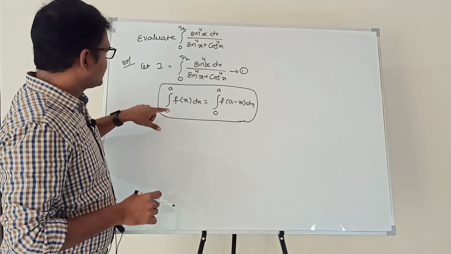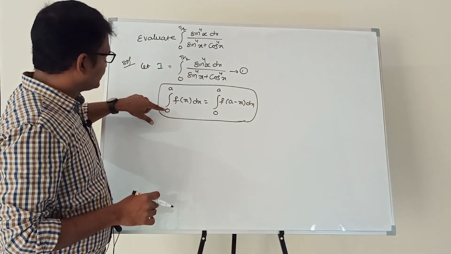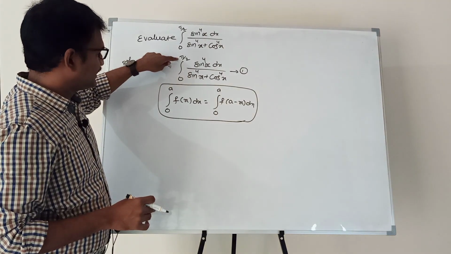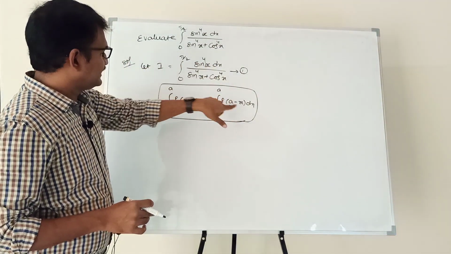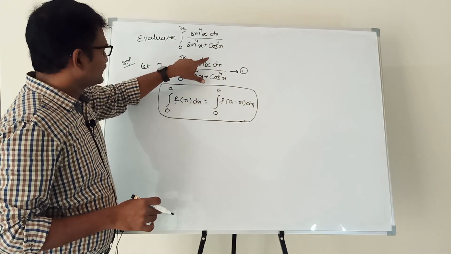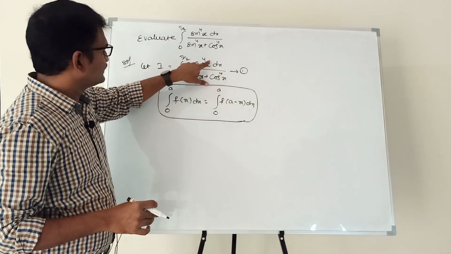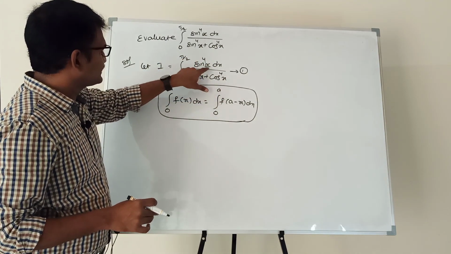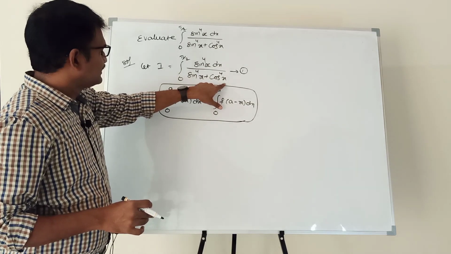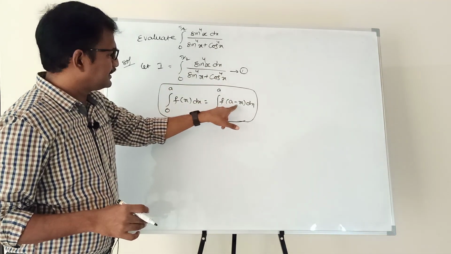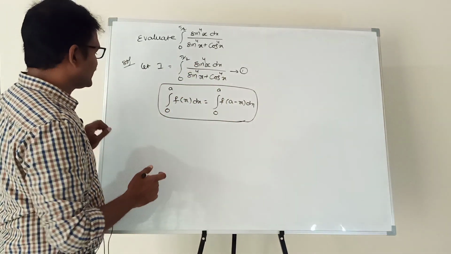See, observe the given problem and observe the property. 0 to a means 0 to pi by 2, dx. Next, this is f of x. In the place of x you need to replace x with a minus x, that means pi by 2 minus x.